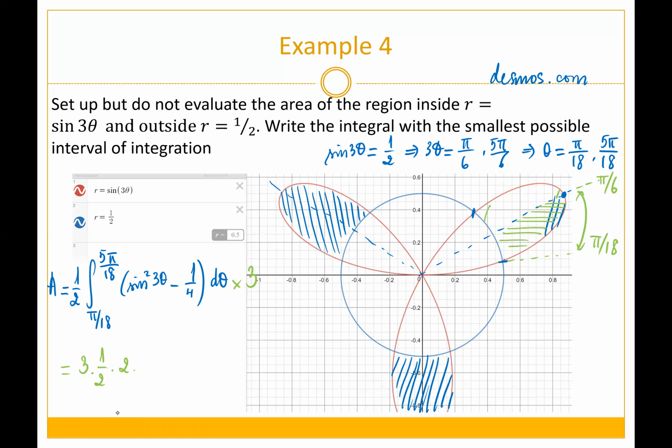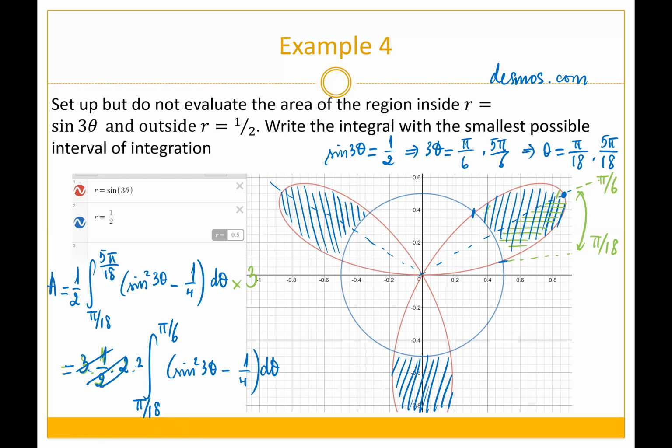And now your interval shortens to pi over 18 to pi over 6, and you have sine squared 3 theta minus 1 over 4 d theta. You can simplify this part and just put it as 3. And now your area is shortened because there's no further symmetry that you can see from this little part.